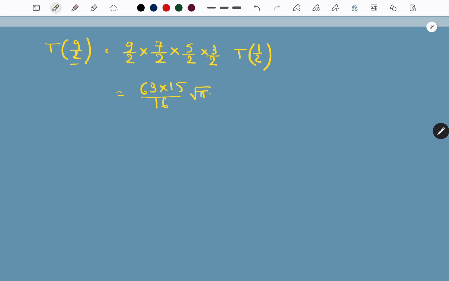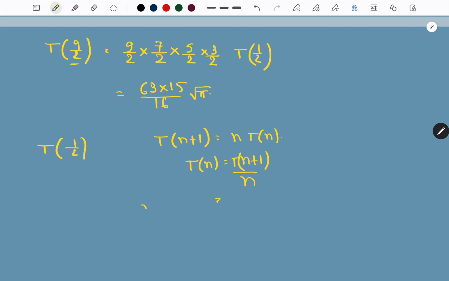Again if I write tau of, say, tau of minus 1 by 2, how would we approach? Now we know tau of n plus 1 can be written as n into tau of n. So basically tau of n can be written as tau of n plus 1 divided by n.